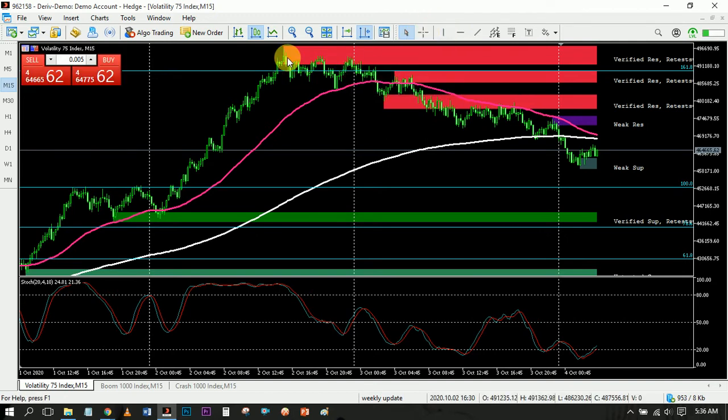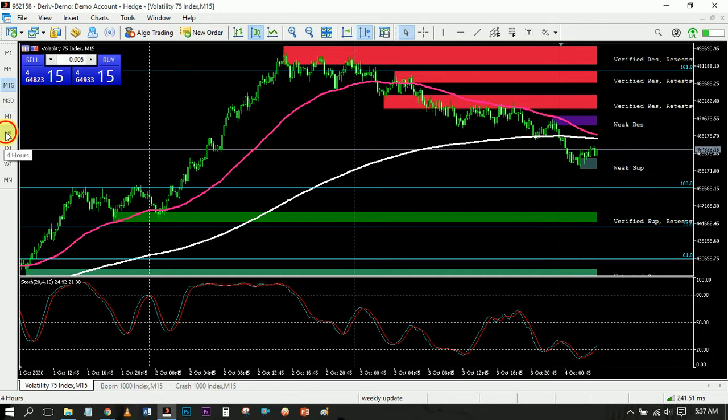As the market was moving sideways, then it dropped, created a lower high. Then right here was where I placed my entry, and I exited my trade right here. So that's how I made a little bit of profit last week in VIX 75.